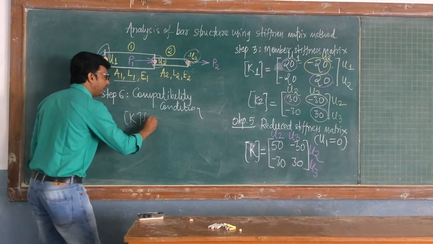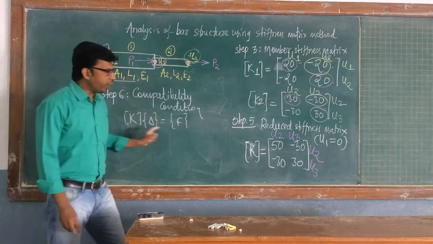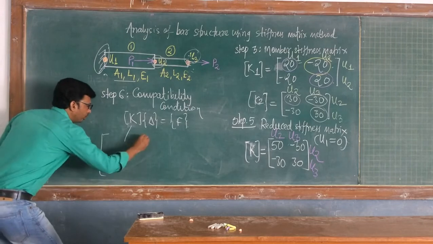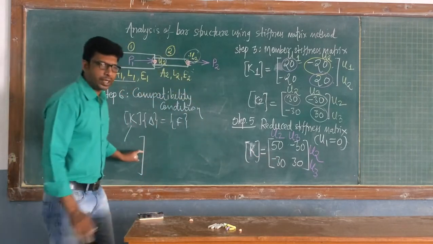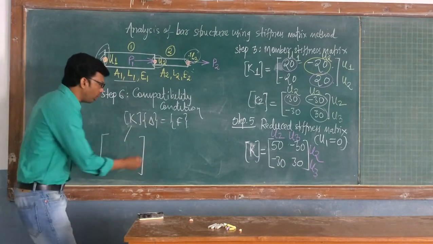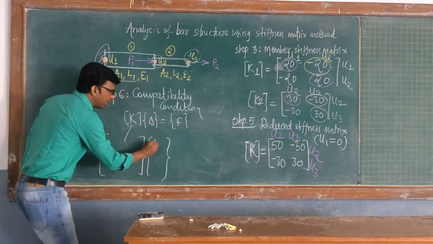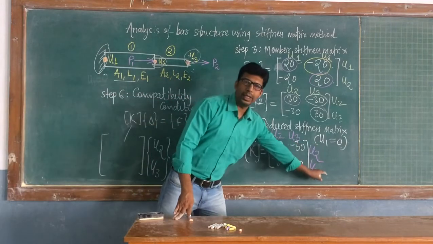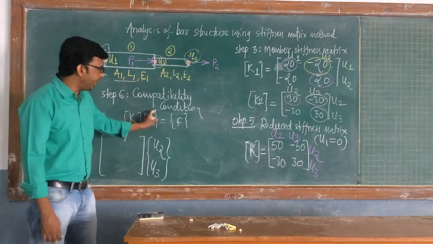Compatibility condition, that is K into delta is equal to F, where K is the reduced stiffness matrix. So write down that 2 by 2 reduced stiffness matrix K. Delta is the vector of unknowns. U2 and U3 are the final unknowns.